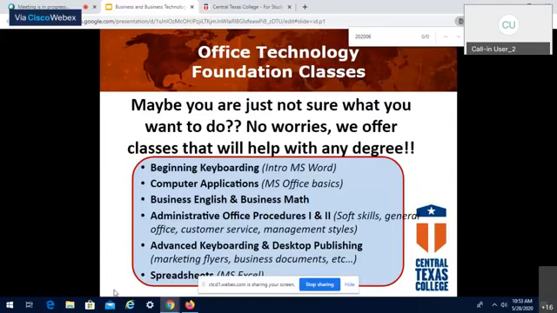And so I'm finding a lot of trending jobs that are coming through Indeed and Monster and all of these. People are really looking at Microsoft Office and all of the skills that encompass the suite. And that goes for HR.